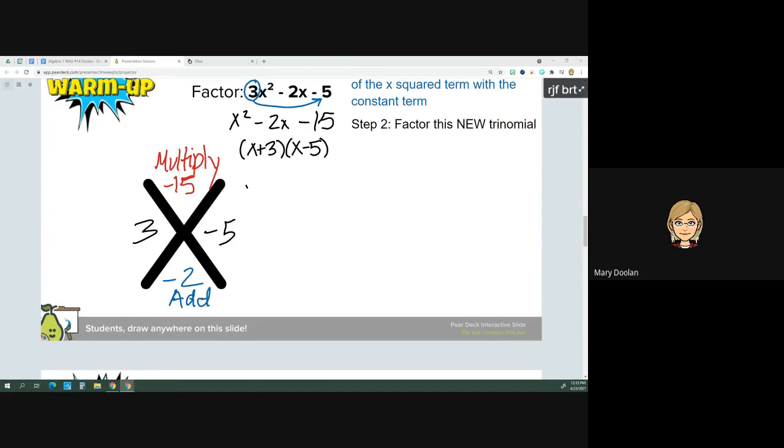All right, your third step is then to undo what we did in the first step. So because in that first step, we multiplied by 3, we're going to have to divide that 3 back out. Step 3, divide the 3 back out from both constants.